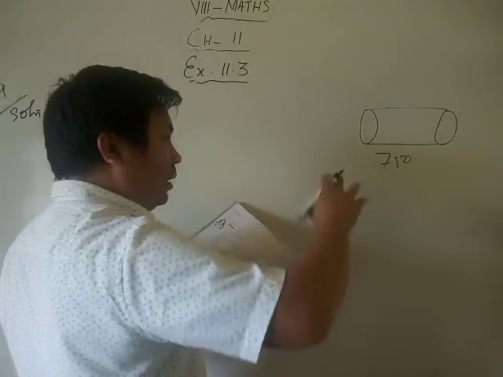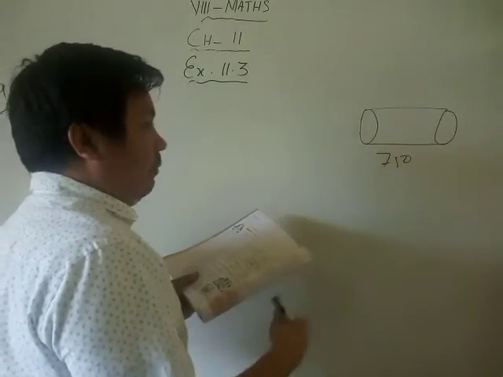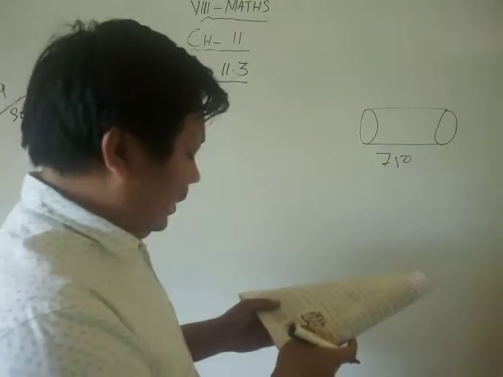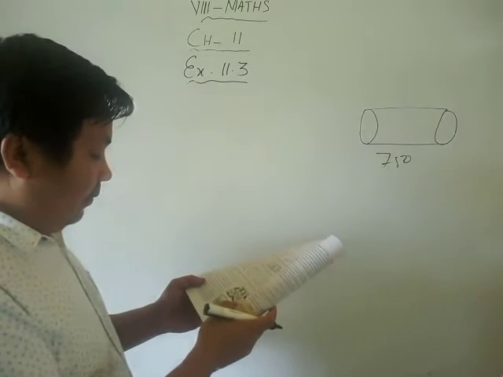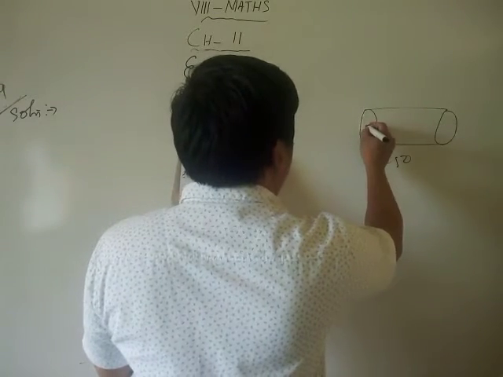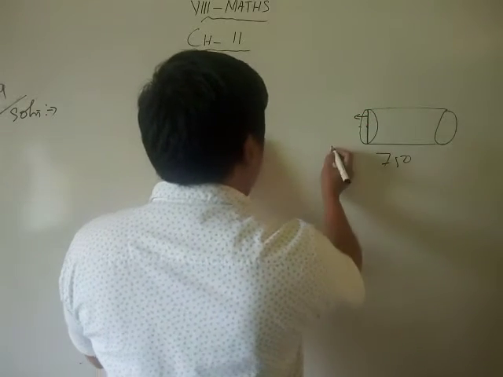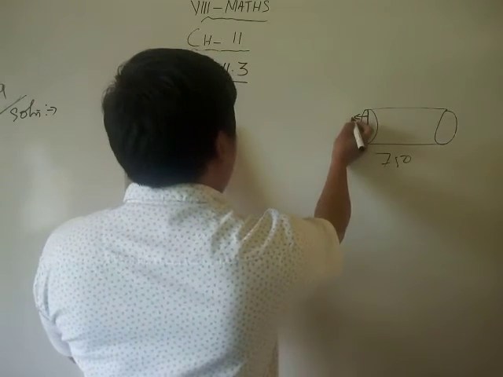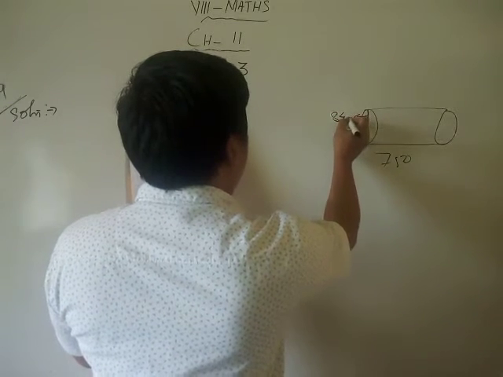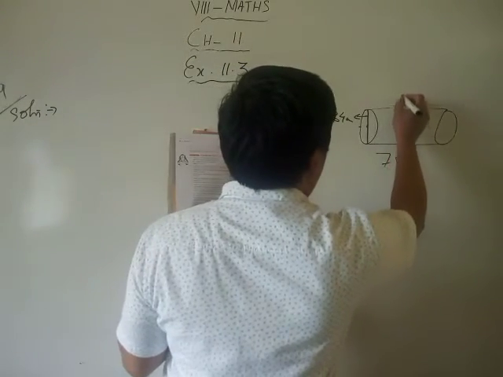Rolling means revolving, isn't it? Yes, revolve, and complete 750 revolutions to level a road. It says to find the area of the road if the diameter of this roller is 84 centimeters and the length is 1 meter.